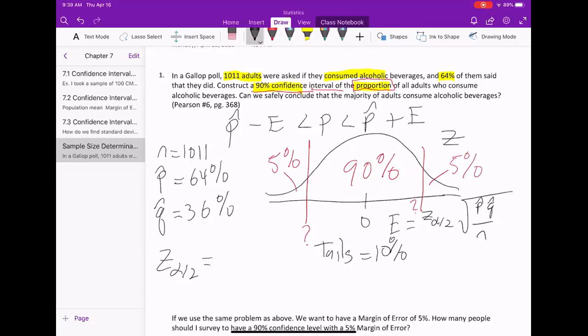So I have to go into the table and find 5%, which gives me what value? 1.646. 1.645. So a negative over here means there's a positive on this side.